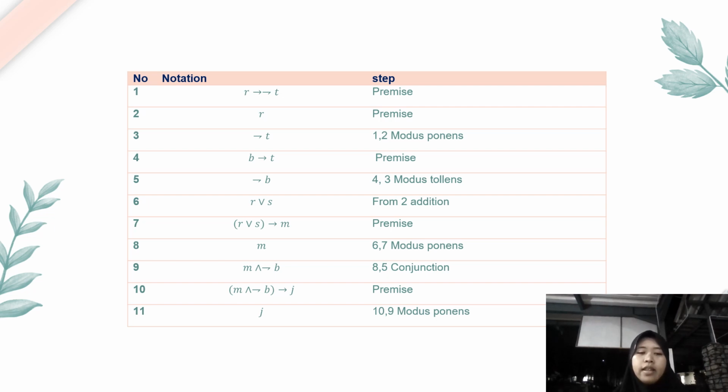Step 10 is M and negation B implies J, from the premise. So we get J from 10 and 9 by modus ponens. So we prove that J.